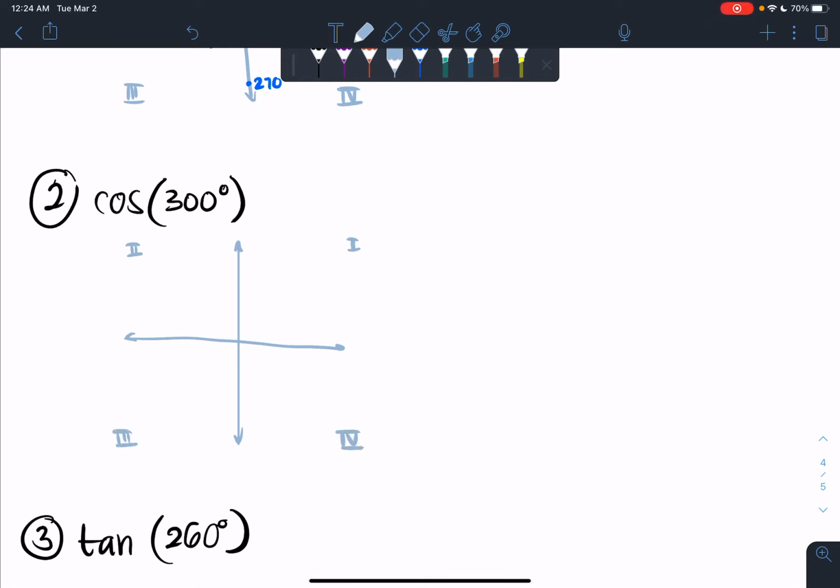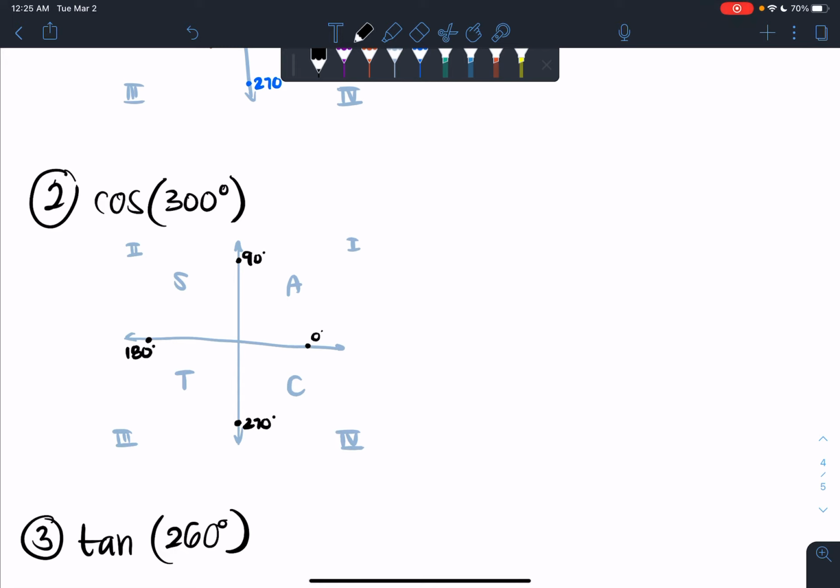And remember, Q1 is all, Q2 is S, meaning sine, Q3 is T, meaning tangent, and Q4 is C, meaning cosine. All right, so be careful here. Now we want to remember that this is our 0 degrees, 90 degrees, 180, and 270.